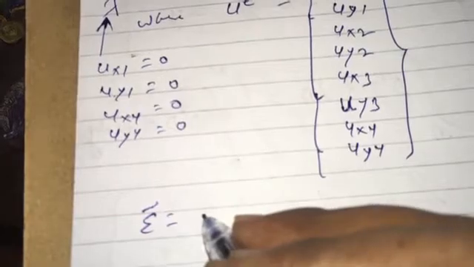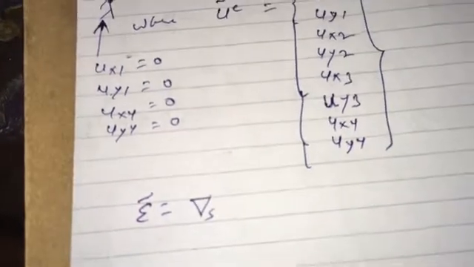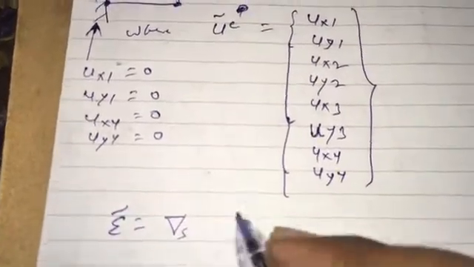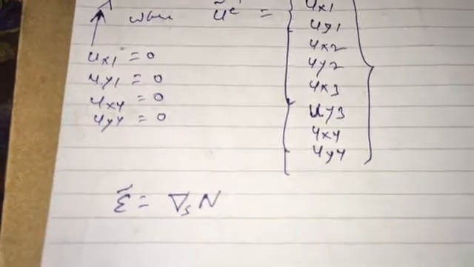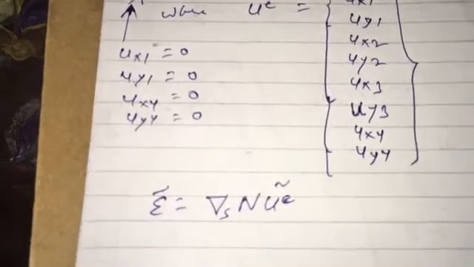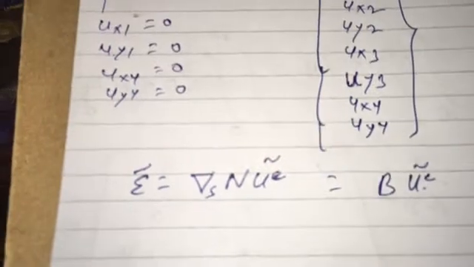So, as you know, the strain is equal to del S, then n, and n U E. So, this is what the strain is. So, that is equal to B U E. Okay.